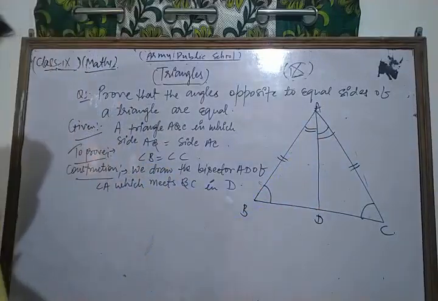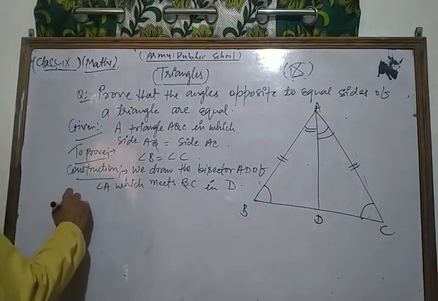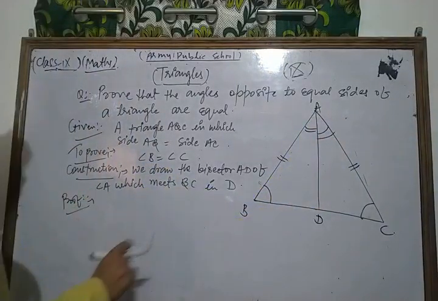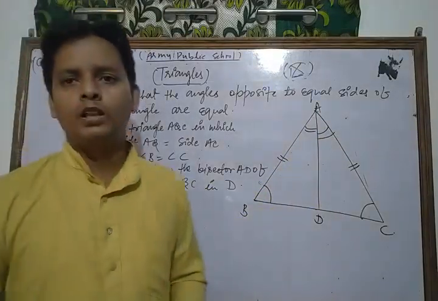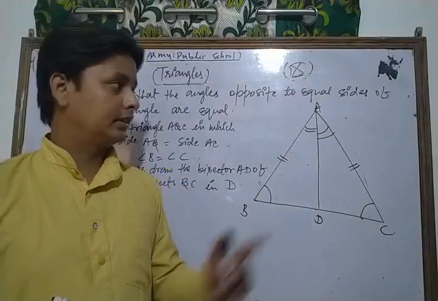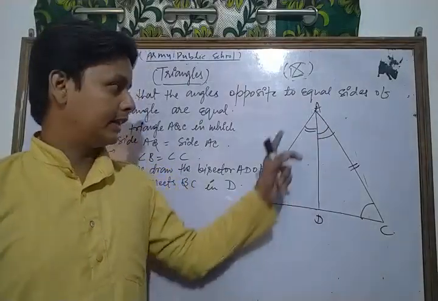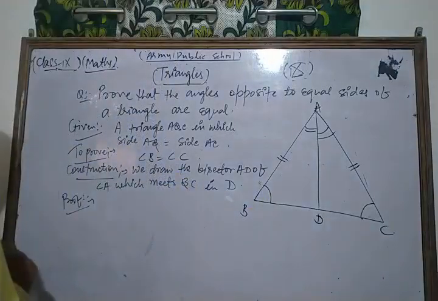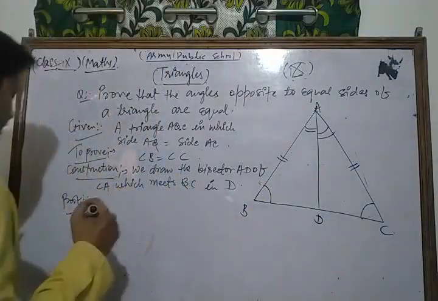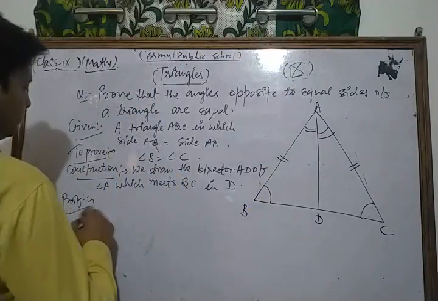Now we write the proof. To prove that angle B is equal to angle C, we use the two triangles formed, ABD and ACD.